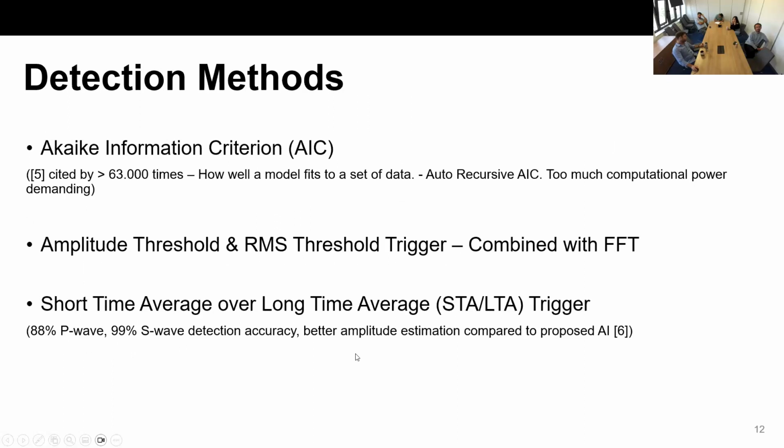In terms of the detection methods, I want to talk about one, although we're not going to use it. By now it's about 65,000 times cited. That's a huge paper. I don't know if you ever heard about it, but it's actually a statistical model. What I understood is that it uses an error rate between a set of data and your algorithm.